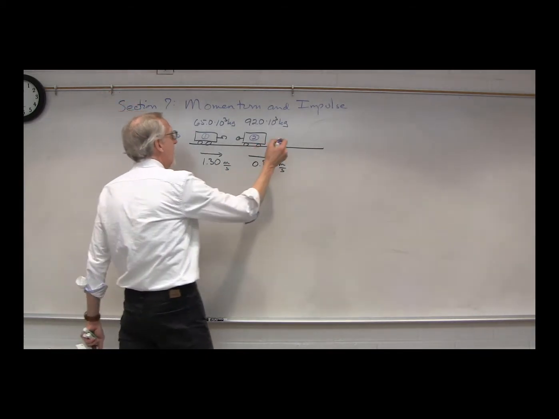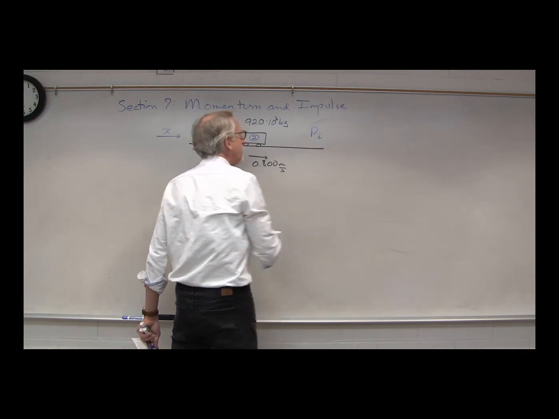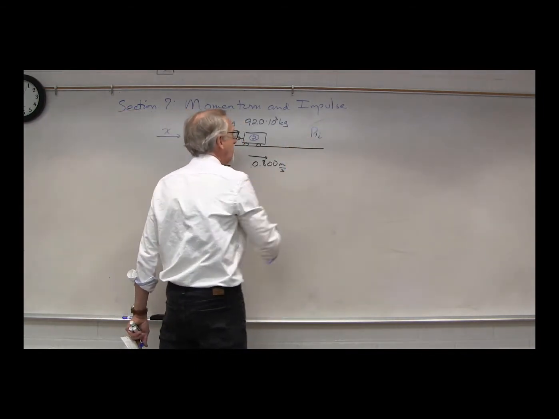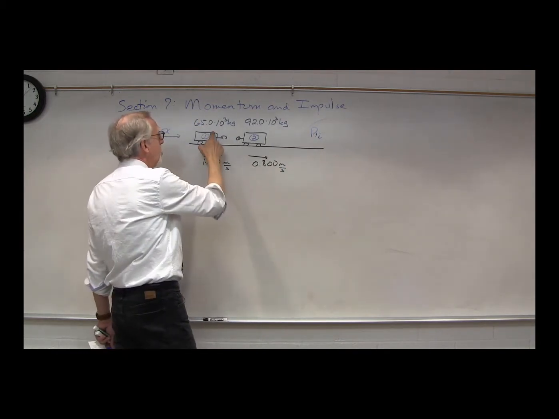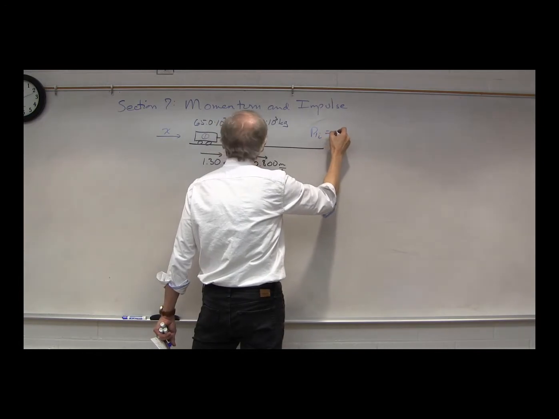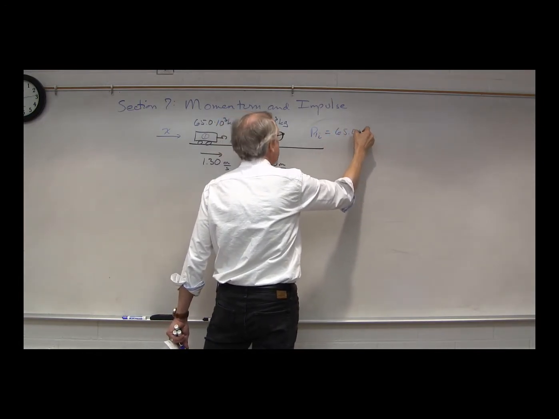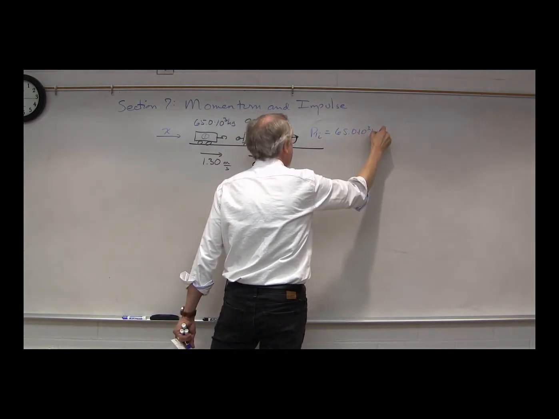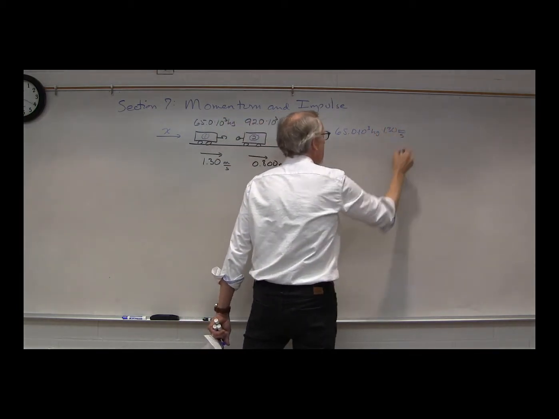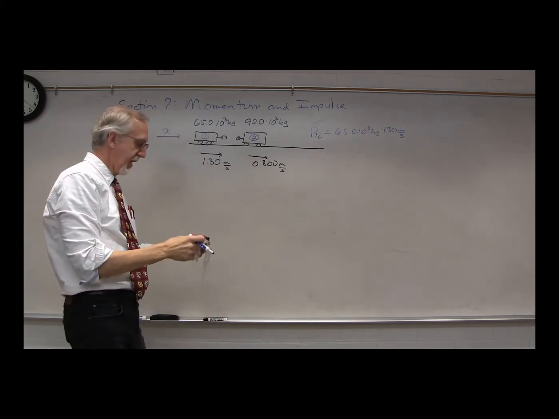So what is our initial momentum of object 1? We'll call this P1 initial. Well, it's going to be m times v. In other words, 65 times 10 to the 3 kilograms times 1.30 meters per second.